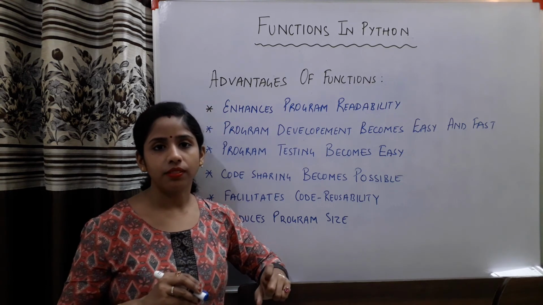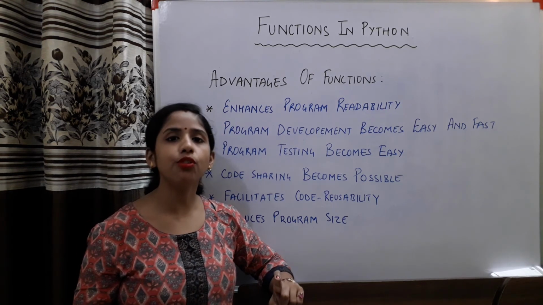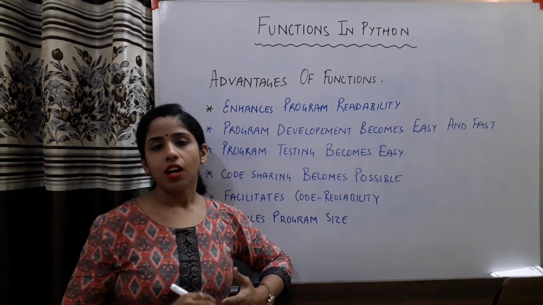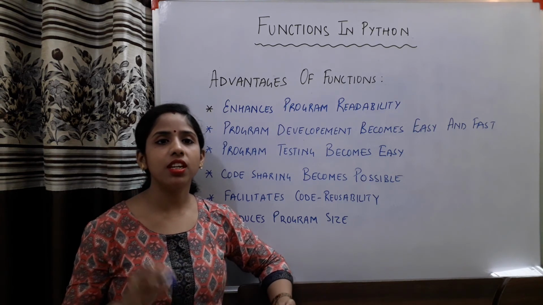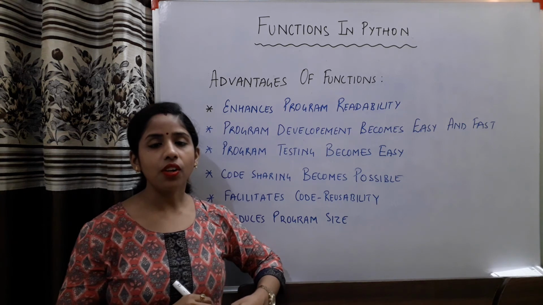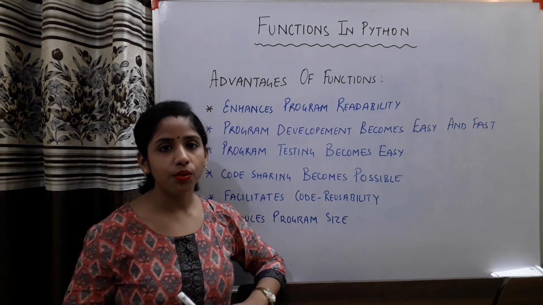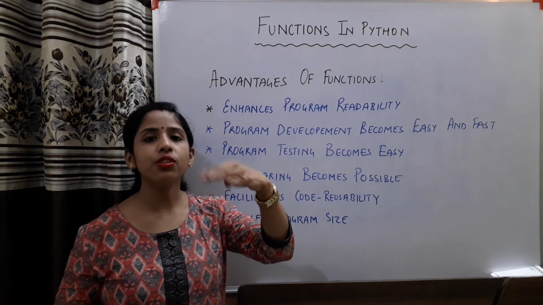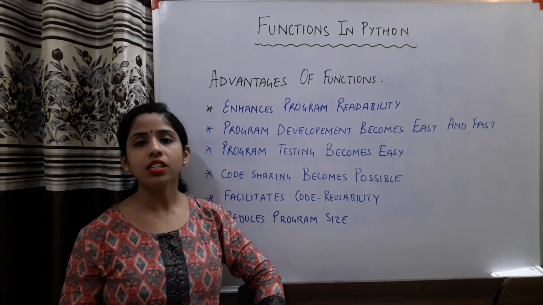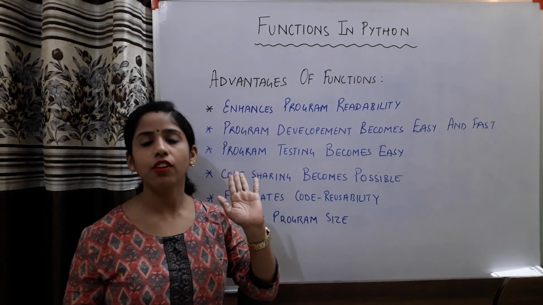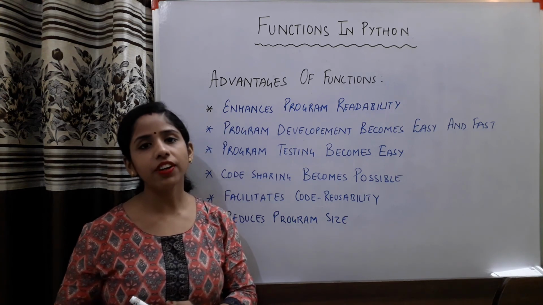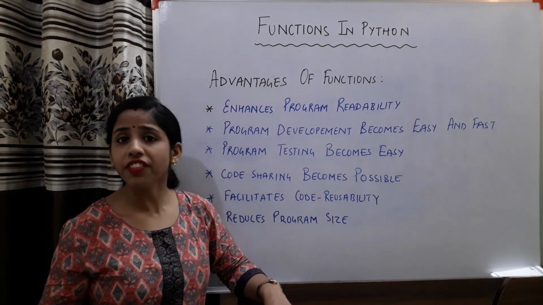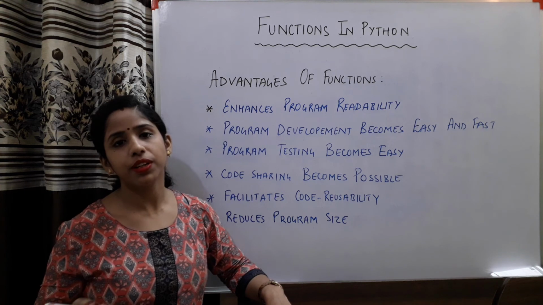But if you make a function and you have called that function multiple times in your program, and suppose you happen to make a mistake in the working of that function, then you will only have to rectify the problem within that function. And as soon as you rectify it, all the remaining statements which were dependent on that function will automatically get rectified. So program testing and rectifying the mistakes, both of these things become easy.